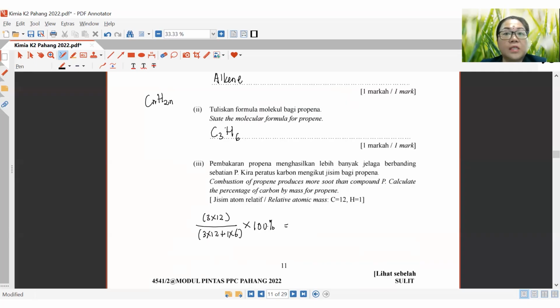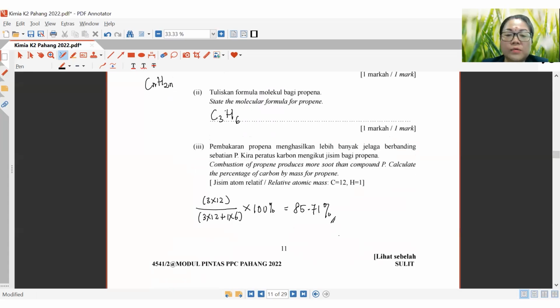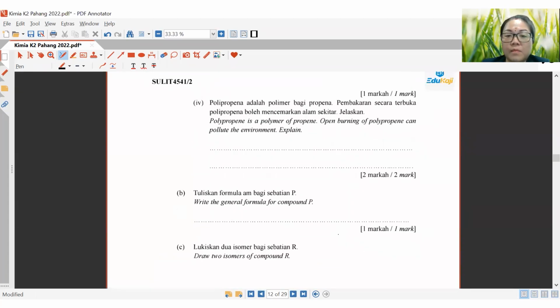This is a very important step because why? Some candidates, when they fail to write down this certain step, they just lose marks without reason, which is quite a pity, because you could have secured your full mark. So in this case, 85.71%. All right, that's how you get your first 1 mark.